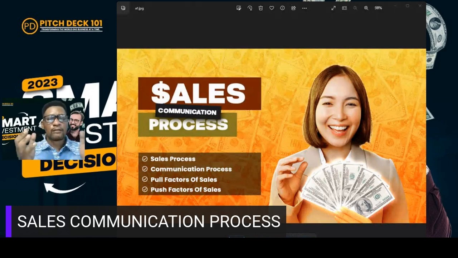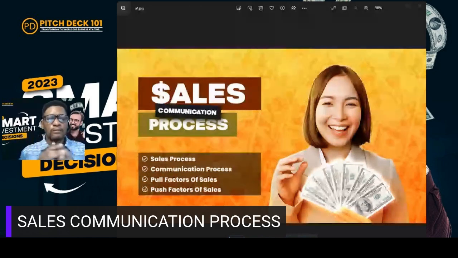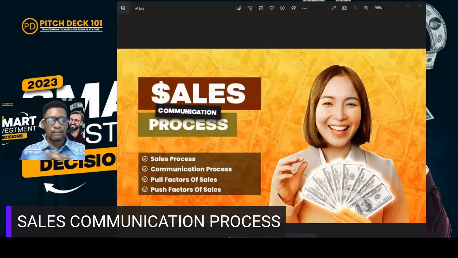And it is necessary for you and your department to take the time to understand the major differences between the sales process and the communication process. It is your clarity of understanding of this that will put you in a much better position of strength to be able to leverage the sales communication process to optimize sales and to accelerate the growth and cash flow of your business.